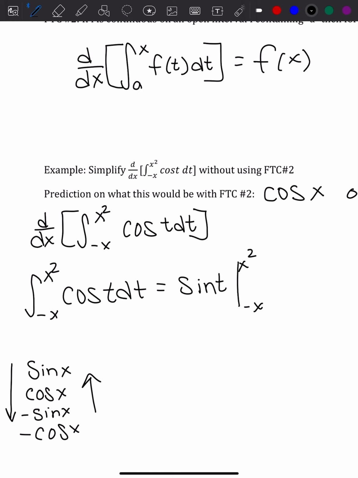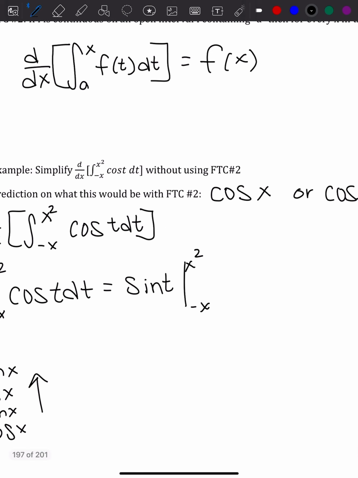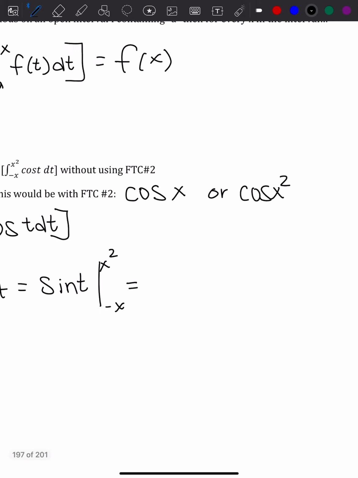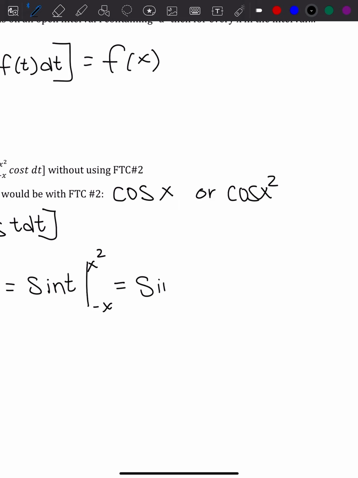Now with our original fundamental theorem of calculus, we would take this and plug in our top bound and subtract our bottom bound. So we'd have sine of x squared minus sine of negative x.